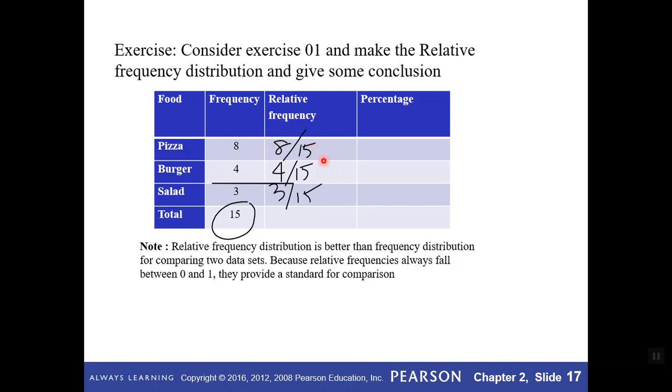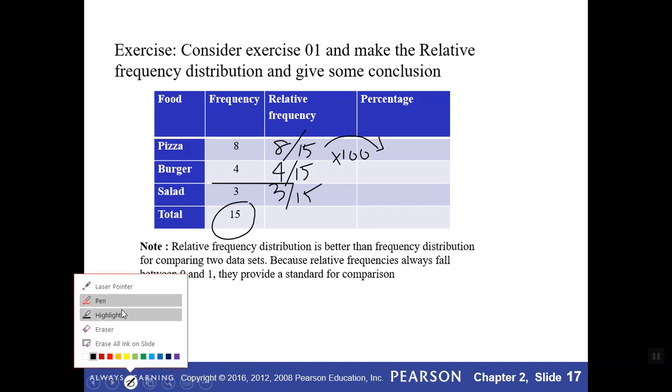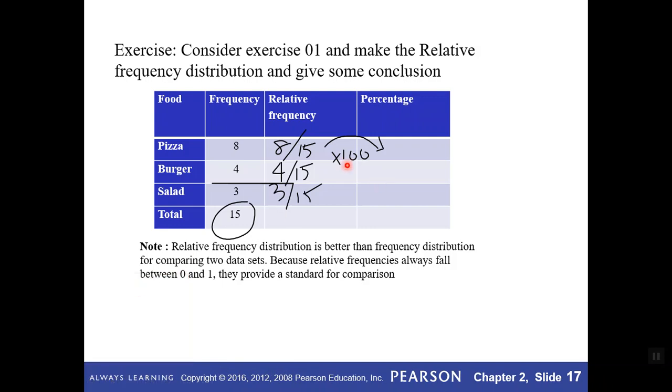This relative frequency, when you multiply this relative frequency by 100, you can have your percentage. So always relative frequency multiplied by 100, you can have your percentage value.